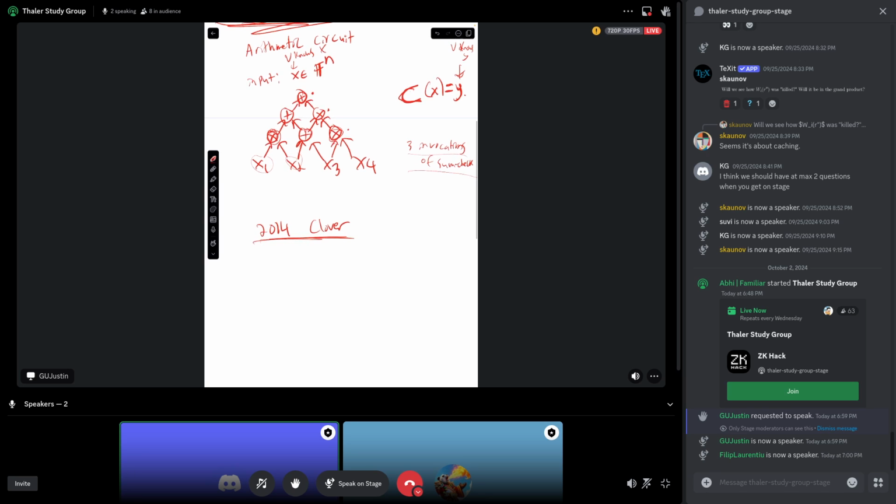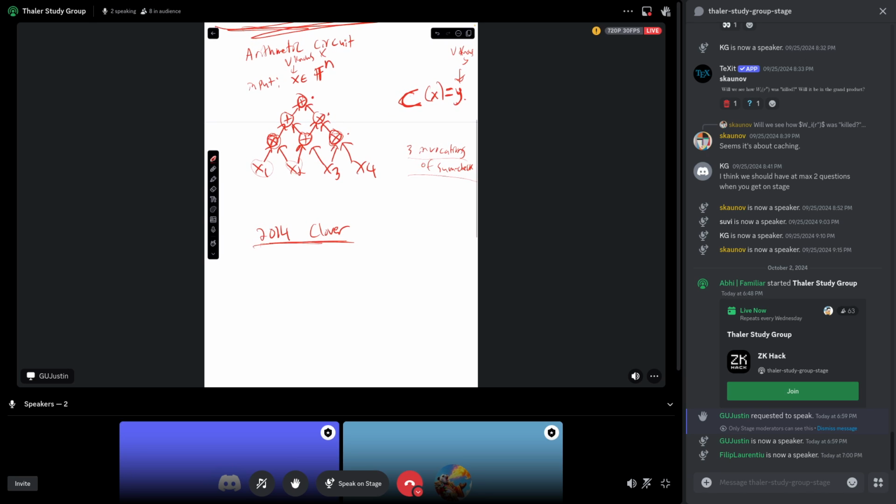Maybe I'll briefly explain how it compares to the GKR protocol. So, cost comparison to GKR. For Clover, because there's only one invocation of the sum check protocol, the proof size is about log circuit size many field elements.